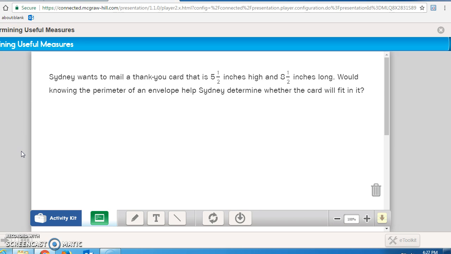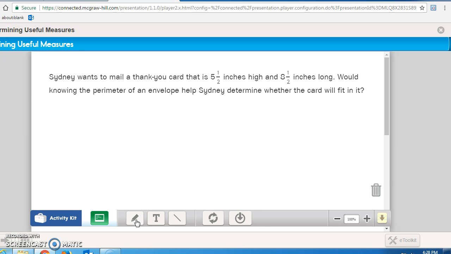So again, knowing the perimeter of an envelope tells me the distance around it, but not the specific length and height. The perimeter of the envelope that would fit Sydney's card would be a little more than 28 inches. Because 5.5 inches plus 5.5 inches plus 8.5 inches plus 8.5 inches.